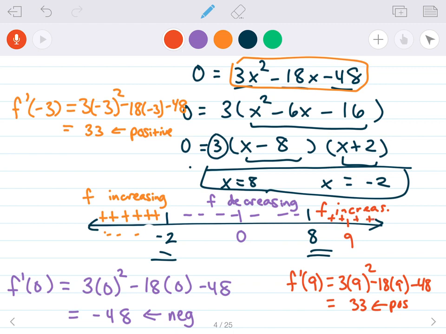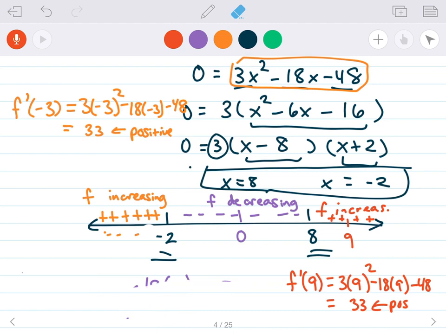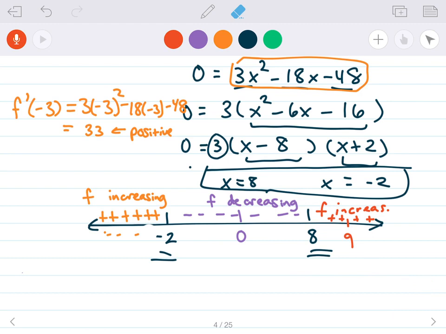So what does this look like pictorially? Well, again, the whole question is, are the humps U-shaped or upside down U-shaped? That's really what this is about on f.